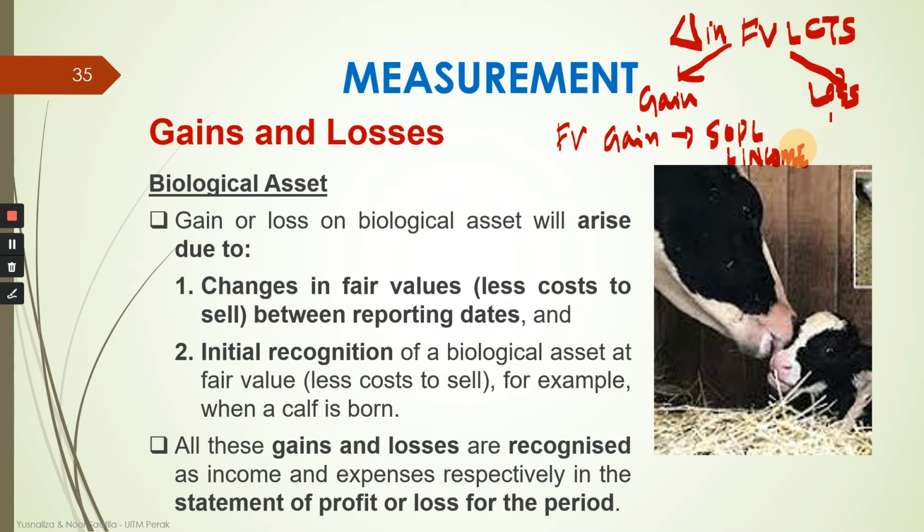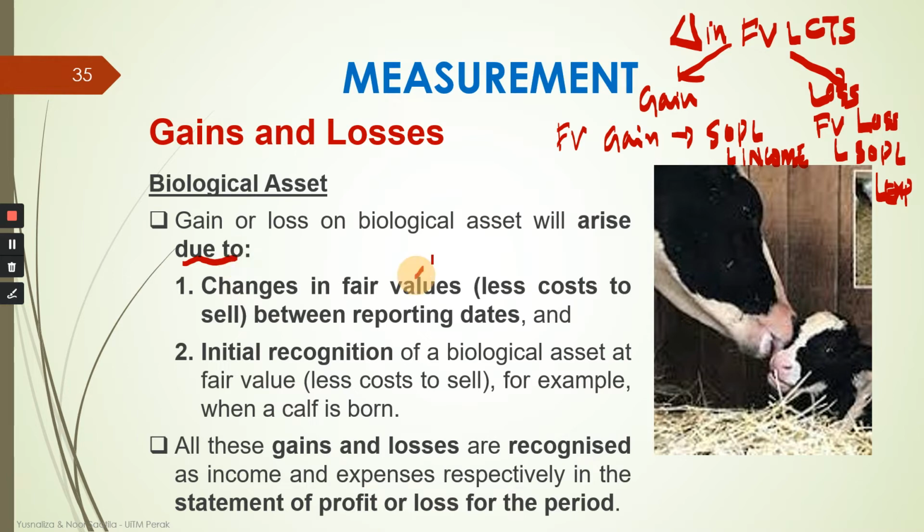If it's a loss, this is a fair value loss, changes in fair value. It also goes to the SOPL, but this will be expensed off. So the gain or loss will arise due to the changes in fair value.